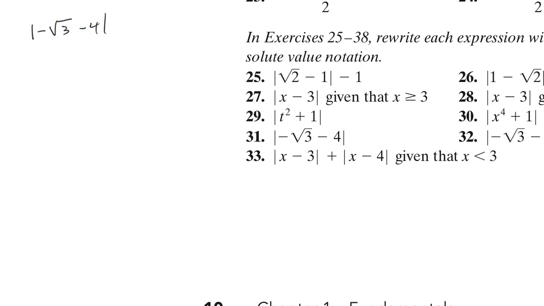So when it's negative, we say that the answer is going to be the opposite of whatever this whole thing is, the negative of the square root of 3 minus 4, right there. So if we distribute that negative to both of these, that would be the negative square root of 3 plus 4. And that's exactly what that is.